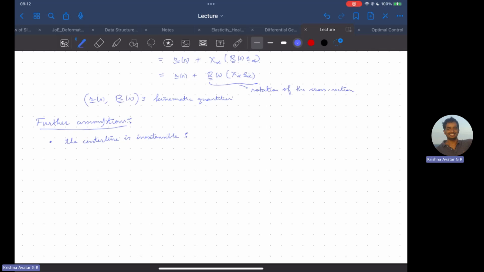So to speak, the norm of r prime of s, which is nothing but norm of dr vector by ds, is equal to 1, implying that we take d3 vector of s to be r prime of s.